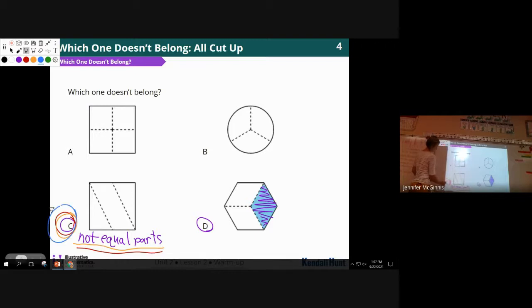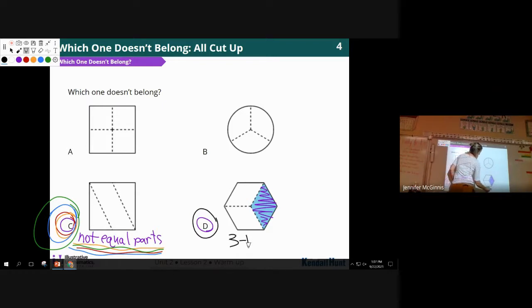Because it's not equal. Not equal parts? Okay. Table 5? C, because it's not equal parts. Everybody saying the same thing? And table 6? D because it's 3D. It's 3D and one side shaded in. D is the only one that's 3D and the only one that's shaded, right?